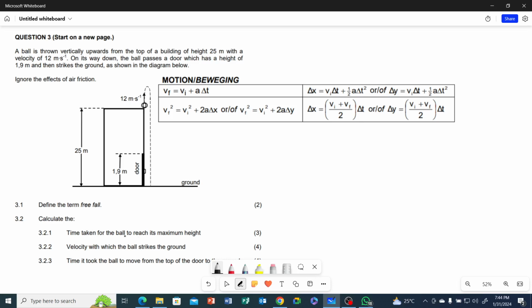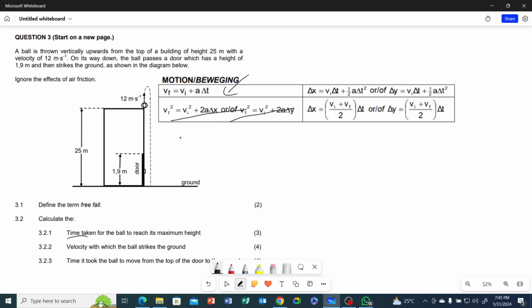Since we want to calculate the time for the ball to reach maximum height, any equation that we choose must have time. This equation is automatically eliminated because it doesn't have the variable t. I'm going to choose this particular equation because it's the simplest, and we have all the variables that we need.